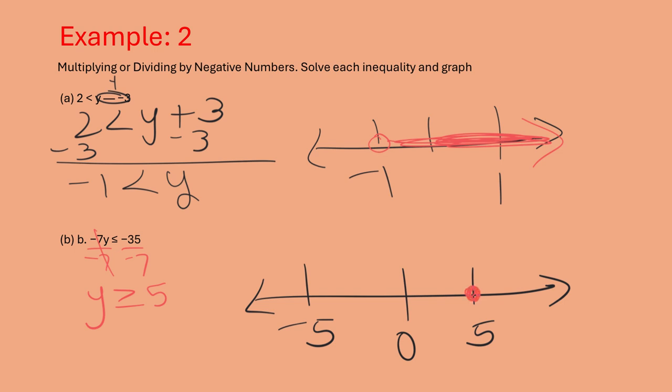Am I going to my right or to my left? To my right, because my variable is where? On my right hand side. Okay, so I'm able to go wherever my inequality is telling me to go. All right, can I go on to the next slide?